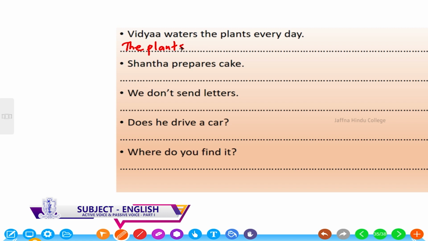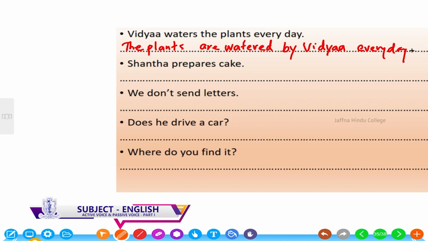So, the be verb is are. The plants are, then the past participle of the main verb. It is a regular verb, watered, by Vidya. Adverb of time, every day.